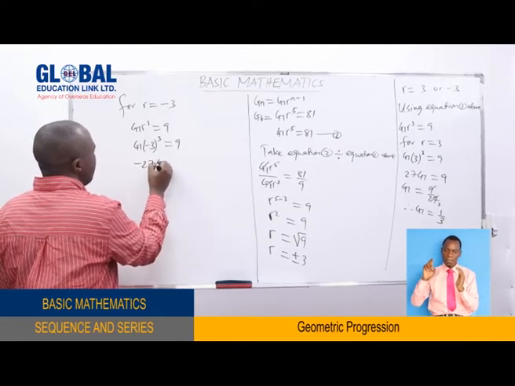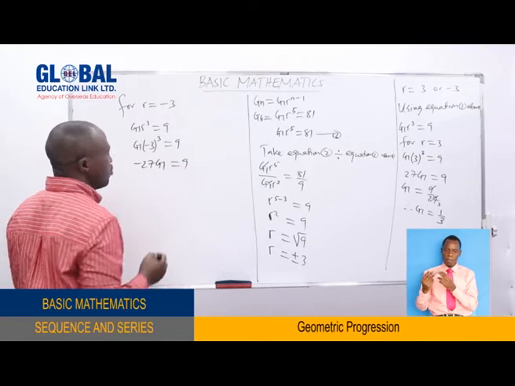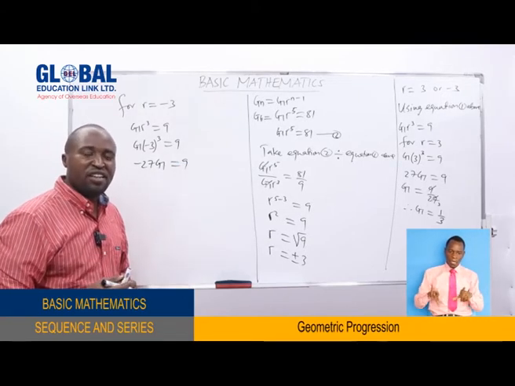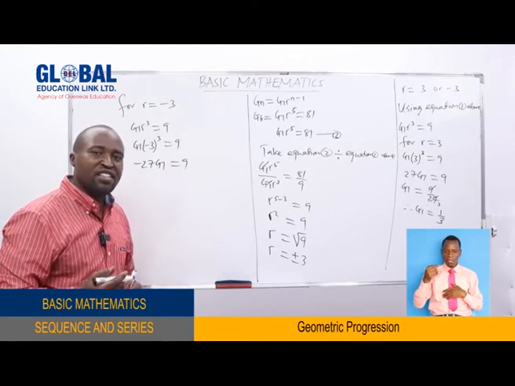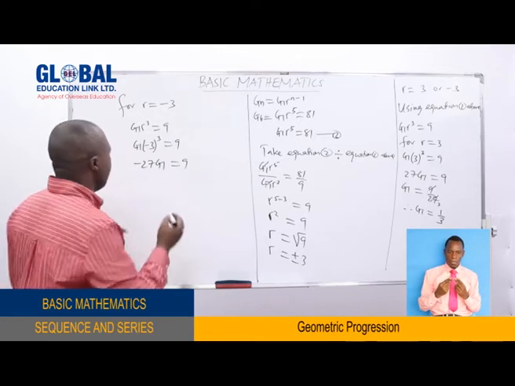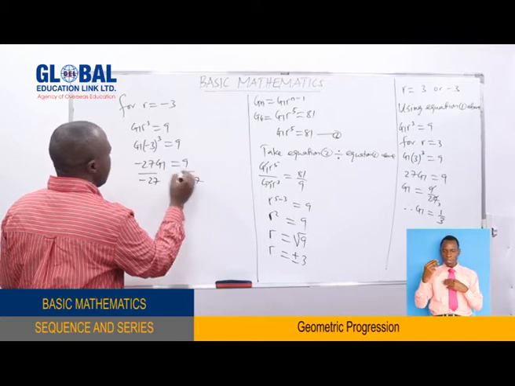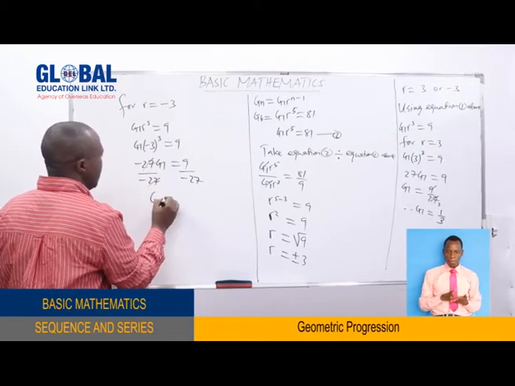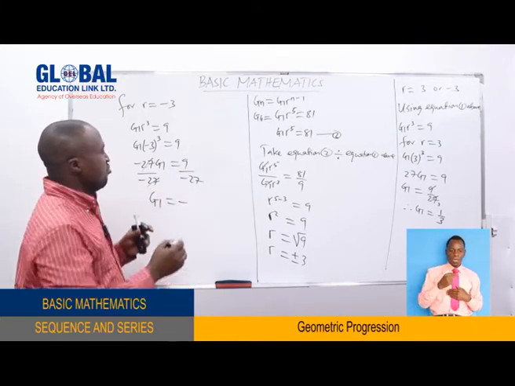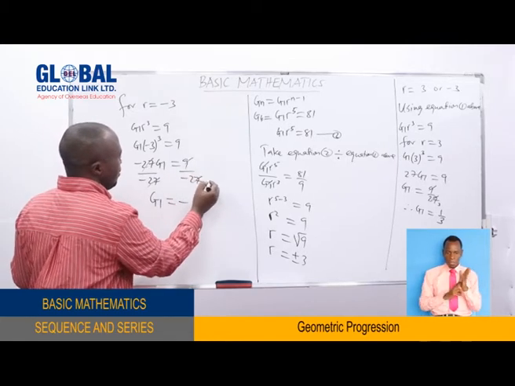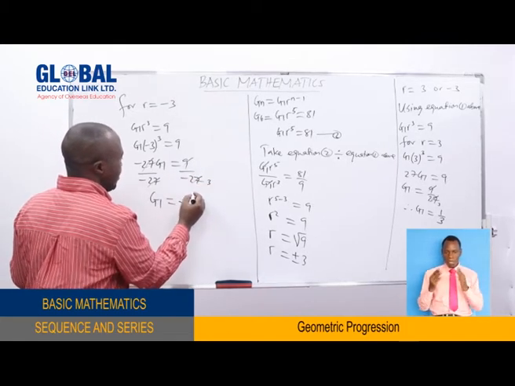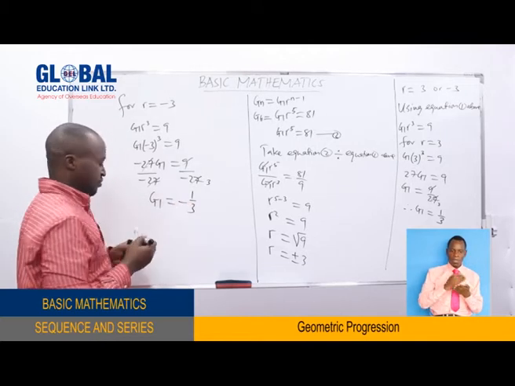So negative 27 G1 is equal to 9. To get G1, divide by negative 27 from both sides. So G1 is equal to, now 9 over 9 is 1, 27 over 9 is 3. So we have negative 1 over 3.